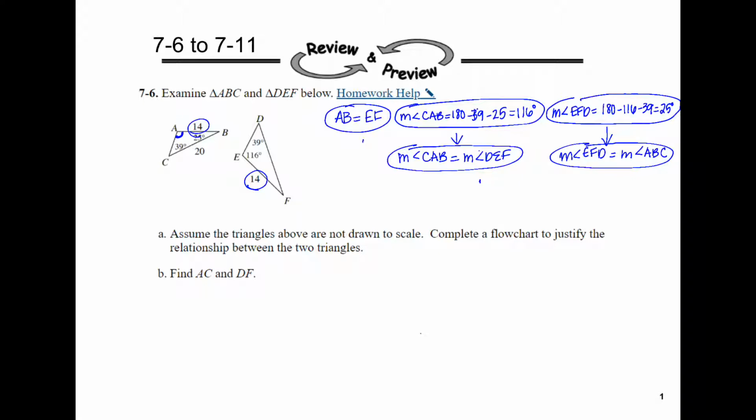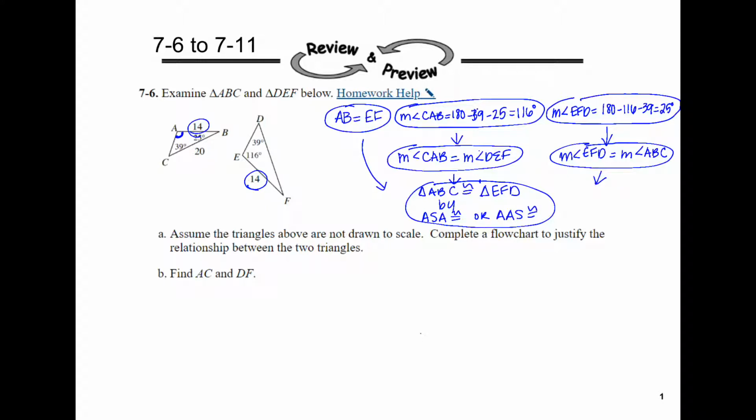Using all of this information, we can conclude that triangle ABC is congruent to triangle EFD by either the angle-side-angle congruence theorem or the angle-angle-side congruence theorem.